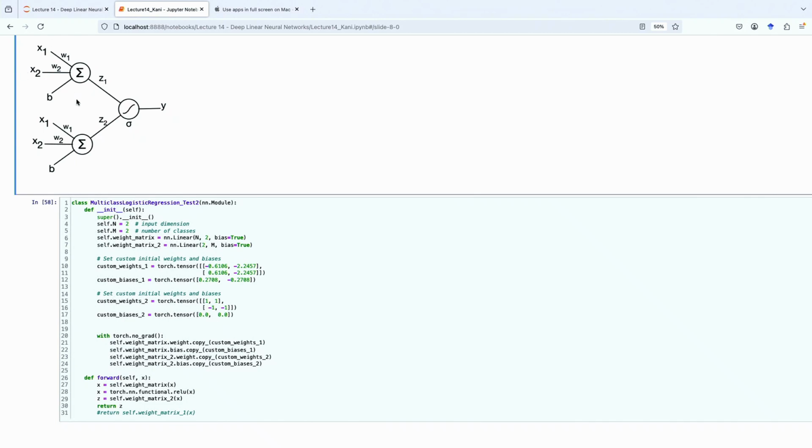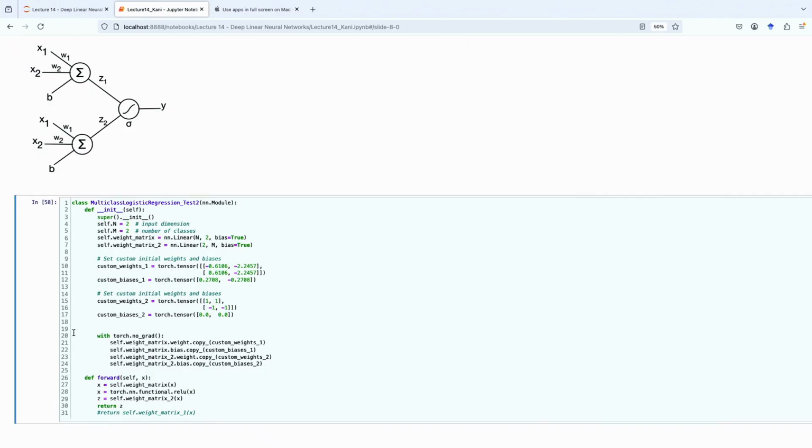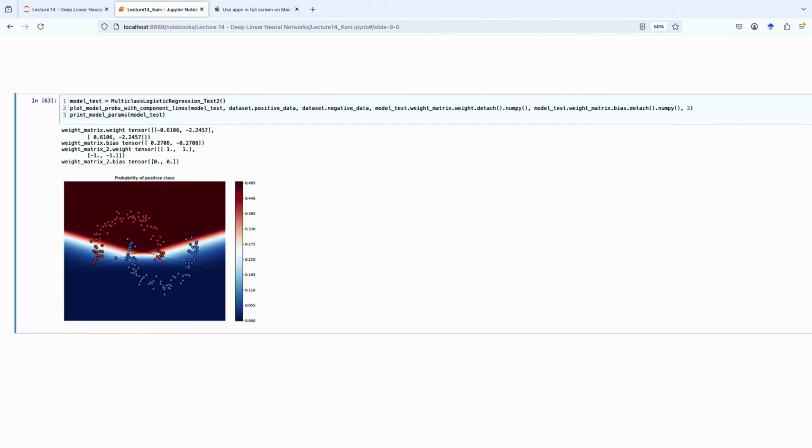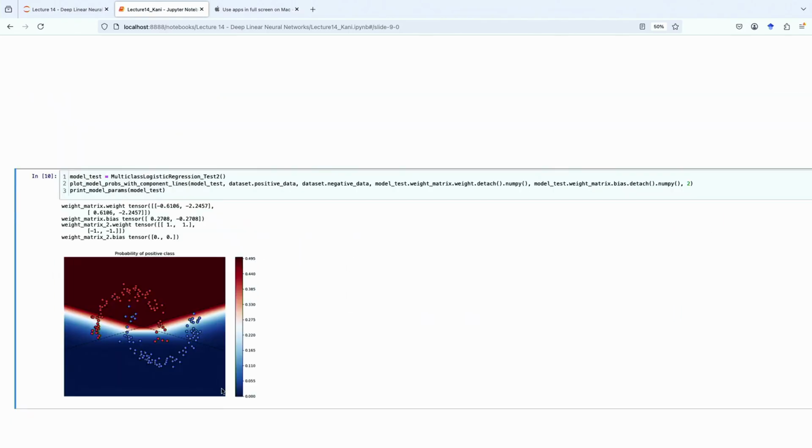Basically, just having two different linear models defined, and then summing the two different linear models together, outputting them, and because we're using softmax cross entropy, that adds in the logistic function, and we get a particular barrier like that. Okay, we get a barrier.